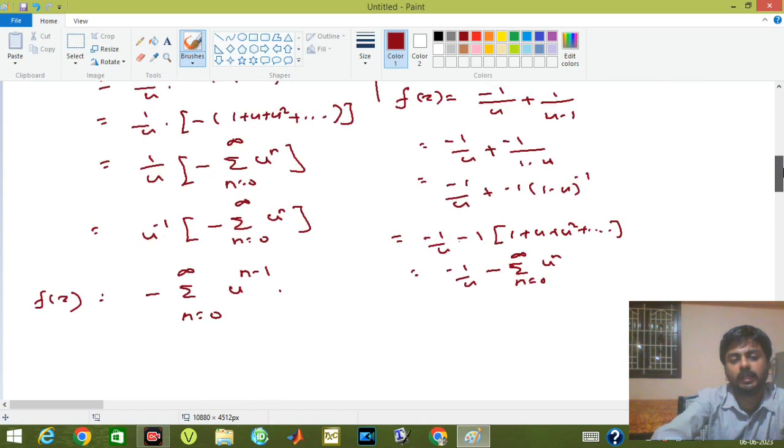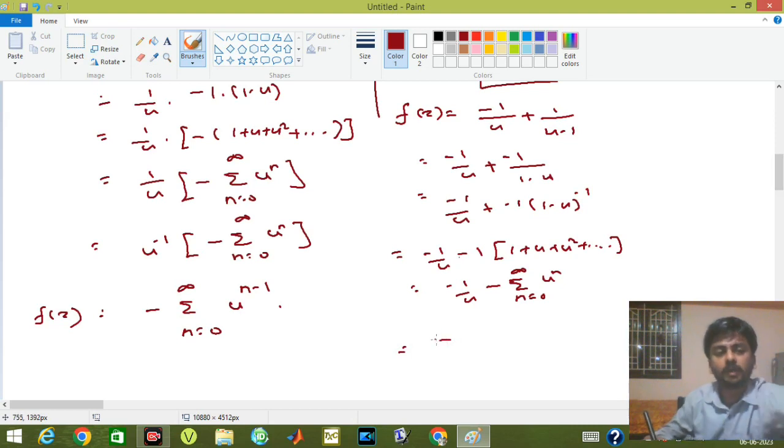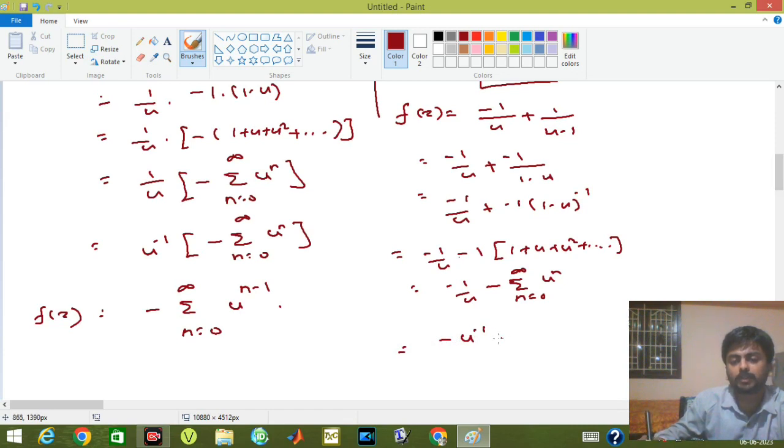See, you can see the difference. Before that I shall give you another thing. This is equal to minus 1 by u, which is u power minus 1, minus summation n equal to 0 to infinity u power n. See, here we are having u inverse into minus of summation n equal to 0 to infinity u power n. Here we are having minus u inverse minus summation n equal to 0 to infinity u power n.